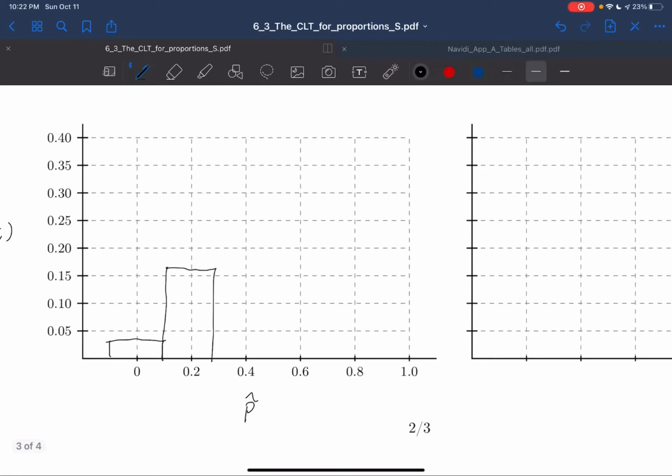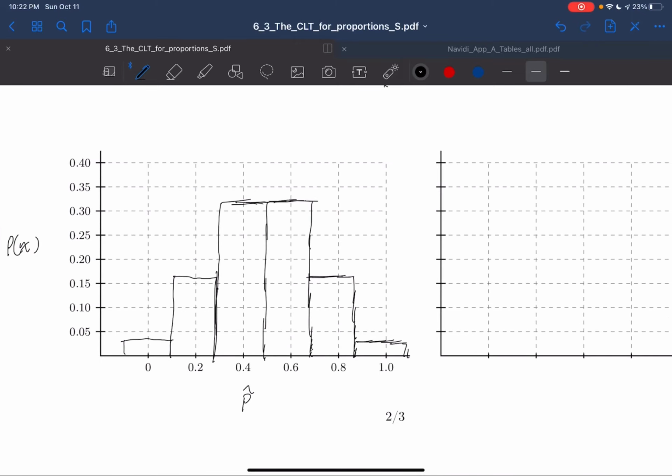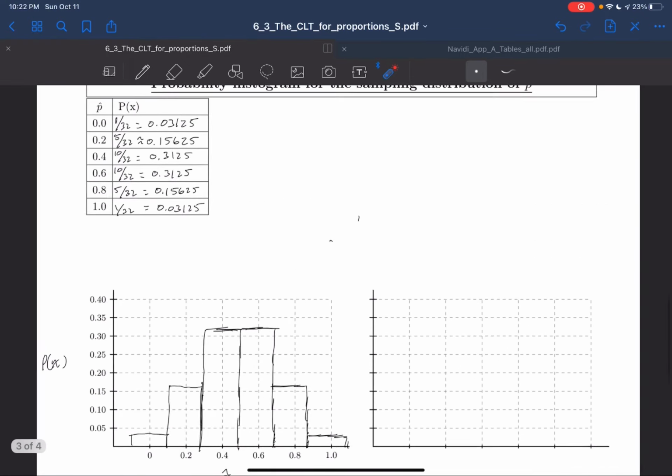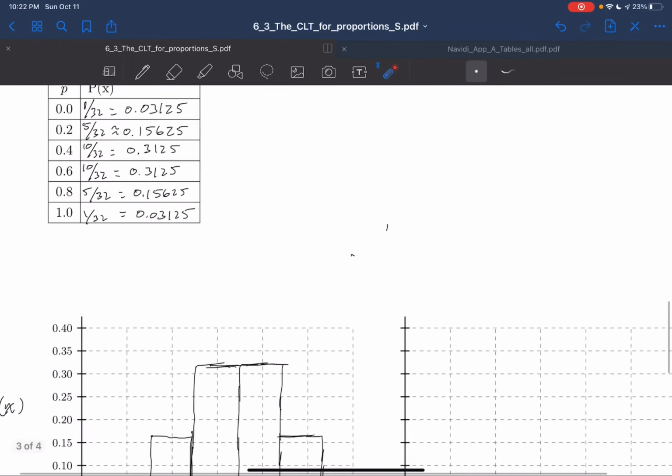Then you fill in the rest of them. So this will be around here. Okay, so this will be your histogram for this probability distribution table.